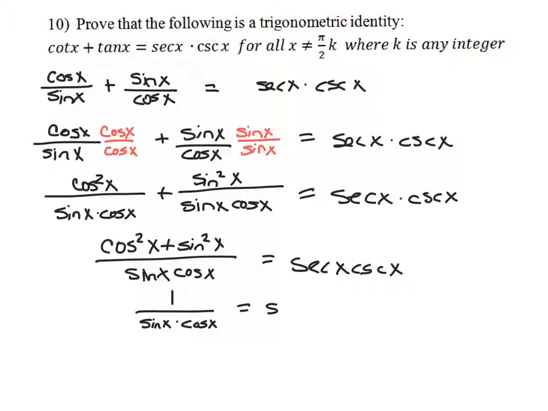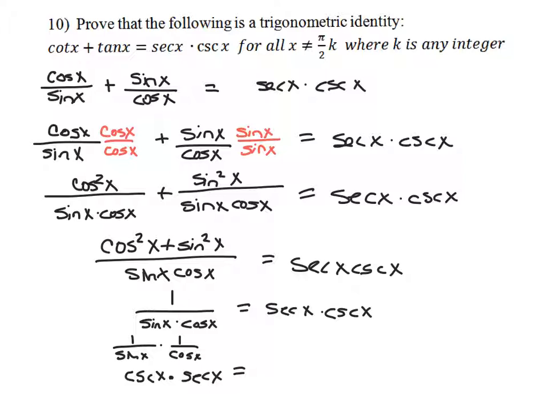Do you see that we're ending up with this product secant times cosecant? It might be easier to see if we break apart the left side. So this would be the same thing as saying 1 over sine of x times 1 over cosine of x. 1 over sine of x, of course, is cosecant of x. 1 over cosine of x is, of course, secant of x.